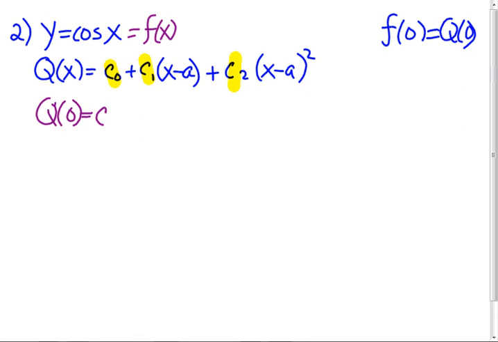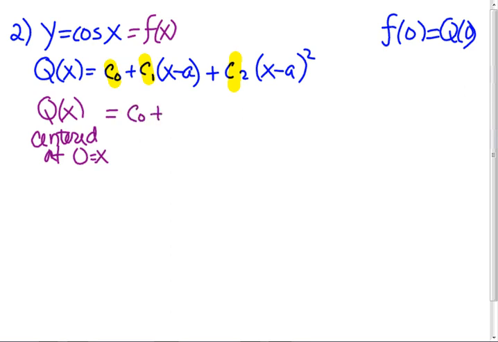Now we're going to center this at 0, so I want to change my q of x so it's centered at 0. This is at any point on my curve. I want it to be centered at x equals 0. It's going to be c0 plus c1 times x plus c2 times x squared.